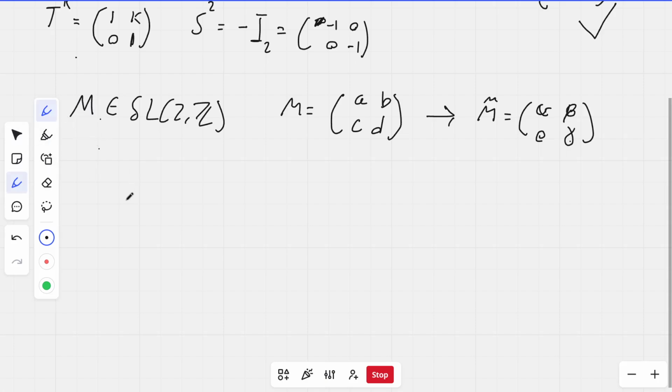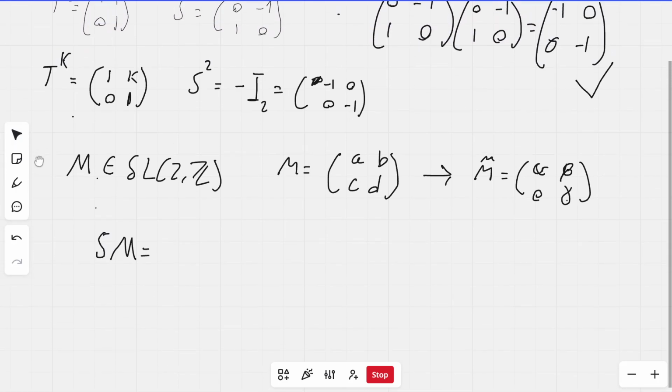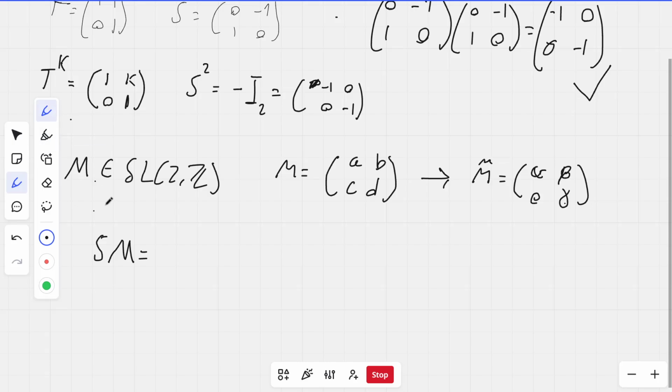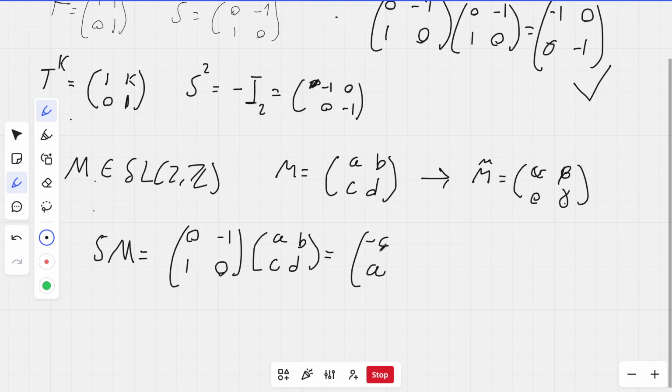So first, let's notice what happens when we multiply this matrix by S and powers of T. So SM is going to be, remember S is 0 minus 1, 1, 0, multiplied by A, B, C, D. So this is going to be minus C, minus D in the first row, and A, B in the second row.